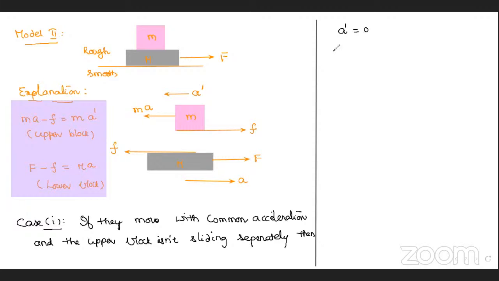That implies, from this equation MA minus F is equal to MA dash, I write MA minus F equals to 0. That implies F equals to MA. Do you have any doubt here?